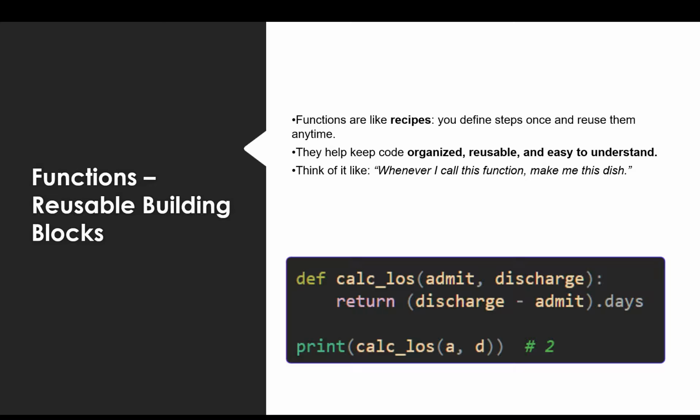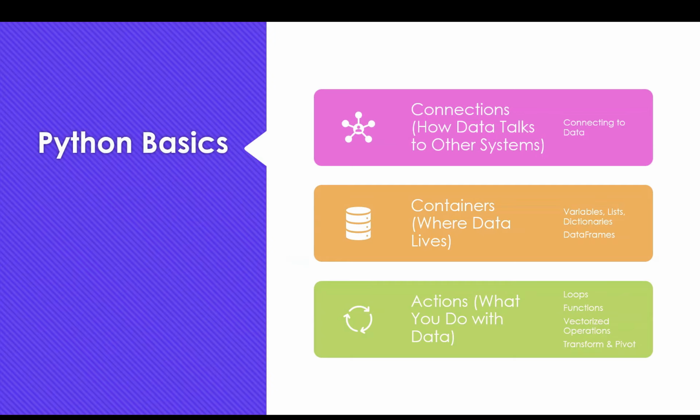And then we give it a name, calc LOS. We say what is going to be given, admits and discharges, and then we do something with what's given. We run a mathematical equation so that whenever you pass information into it with those two items, admit and discharge, you will get back an answer. So that's an example there of a function, like a reusable building block in your code.